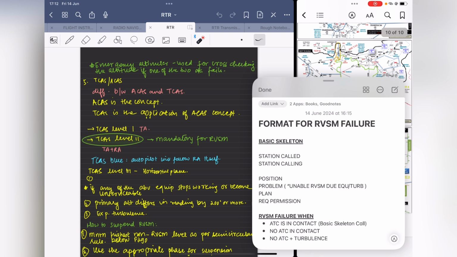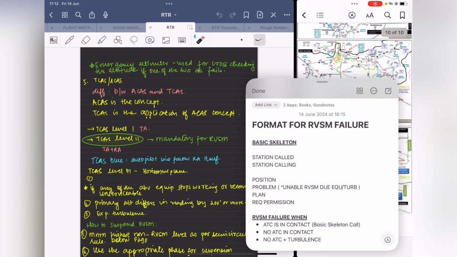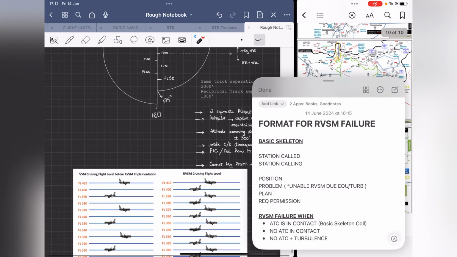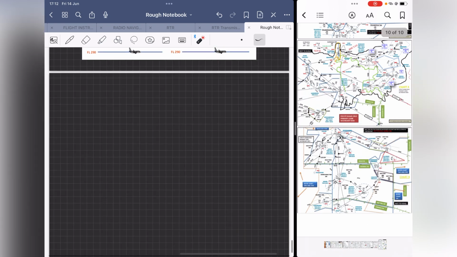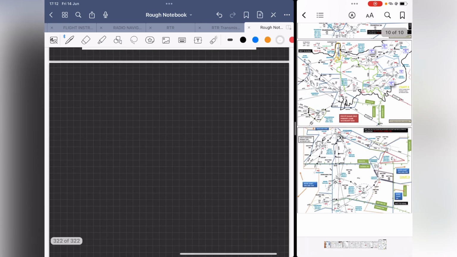Now, how do you suspend RVSM? What is the logic behind it? Let's say you are flying in an RVSM airspace at flight level 310, or let's say flight level 350. So you're flying eastbound.